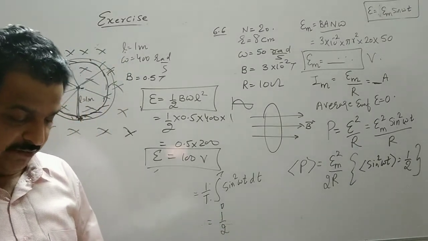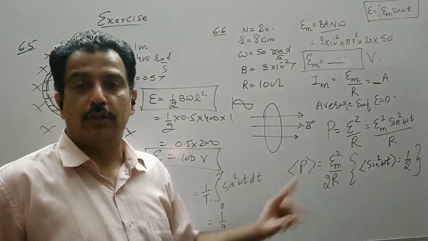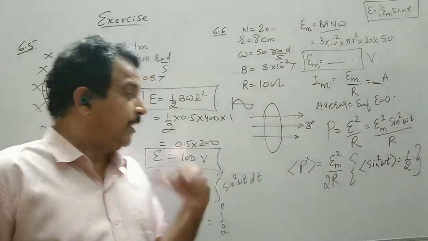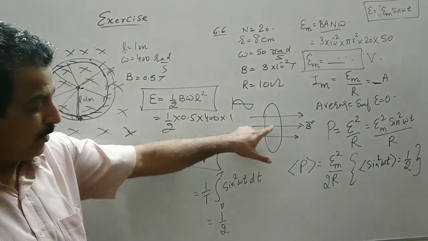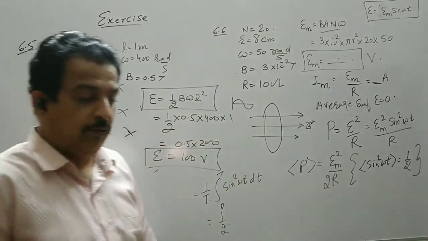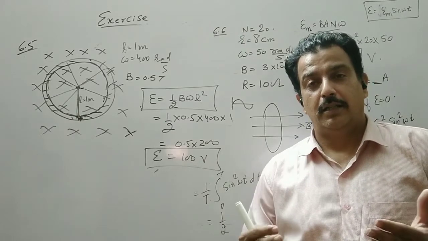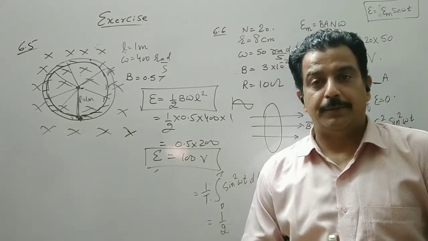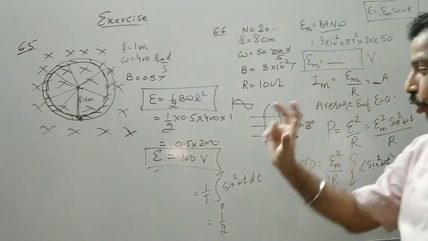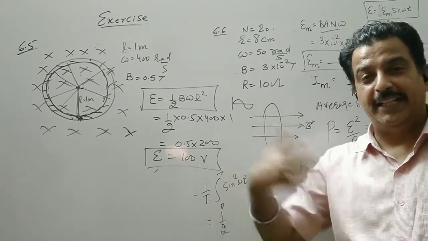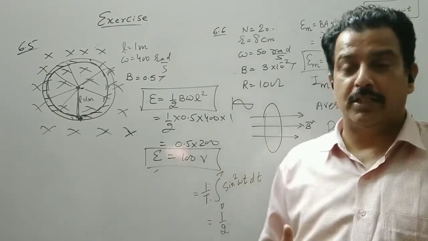Now they have also asked, where does this power come from? This is the average power loss. So from where does this power loss come? Now this coil is rotated. It will not rotate automatically, some external work has to be done. So when we rotate this coil, some mechanical energy is spent or some work is done.